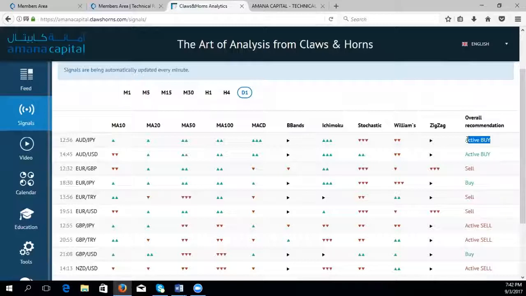However, if the majority of the indicators here give a sell signal, then the overall recommendation will be a sell signal, and so on.